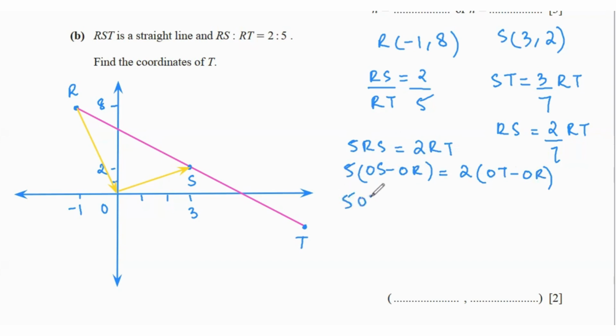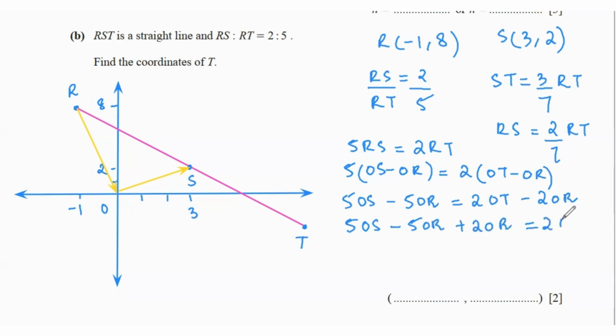That's going to be 5 OS minus 5 OR equals 2 OT minus 2 OR. Now remember, it's OS and OR. So now I'm going to bring 2 OR to the left-hand side. So 5 OS minus 5 OR plus 2 OR equals 2 OT. Minus 5 OR plus 2 OR is minus 3 OR, so 5 OS minus 3 OR equals 2 OT.